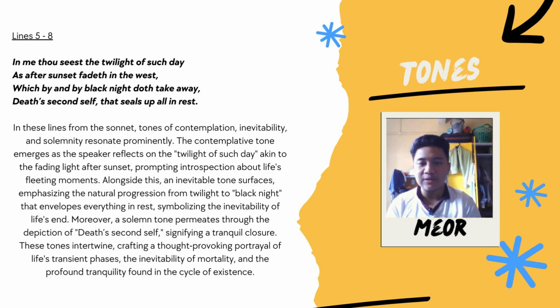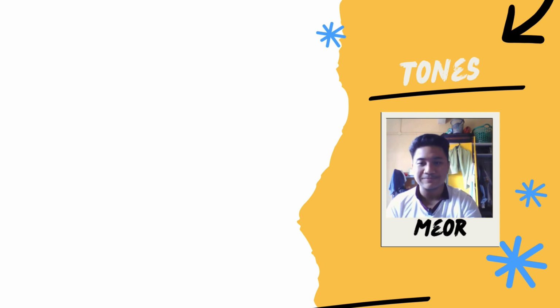Additionally, there's a solemn feeling portrayed in the mention of death's second self, suggesting a serene conclusion. These tones blend together to create a powerful depiction of life's temporary nature, the certainty of mortality, and the tranquil acceptance found in the cycle of existence.